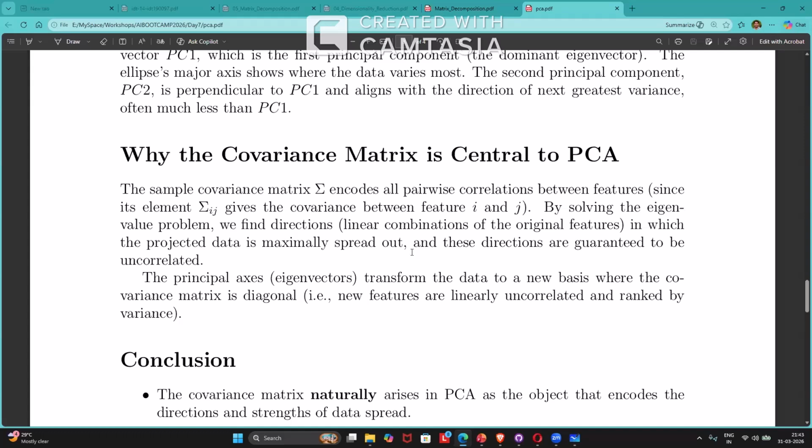If you simply visualize a three-dimensional data, it can be projected into an XY plane, a YZ plane, or an XZ plane, right?